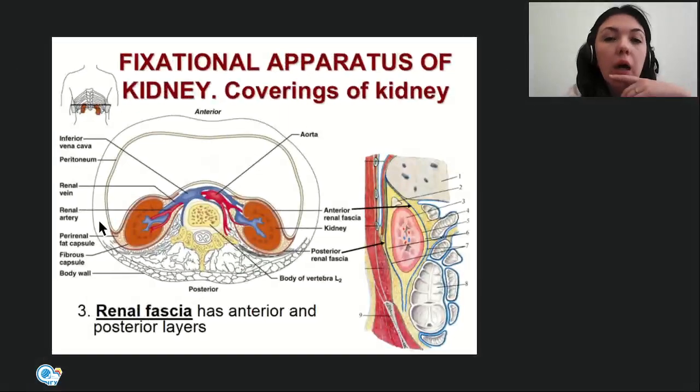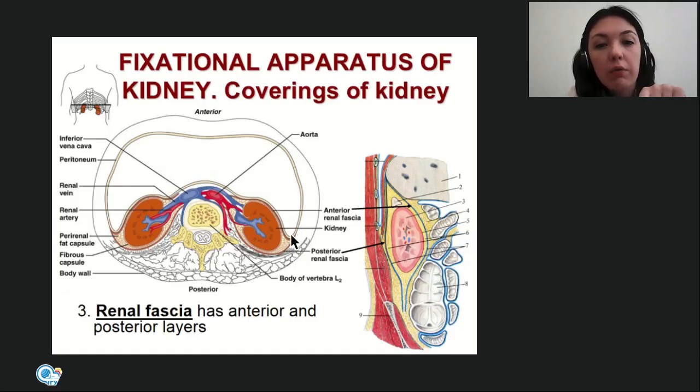The outermost covering is renal fascia. Renal fascia has anterior and posterior layers, and they have different course. The anterior layer of the renal fascia starts from lateral margin of the kidney.